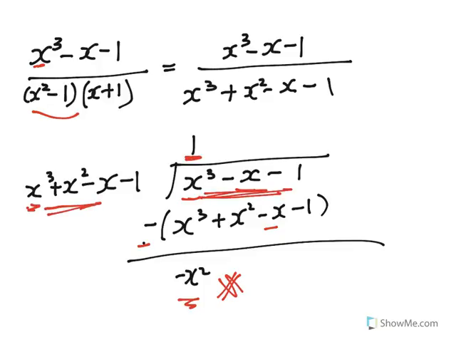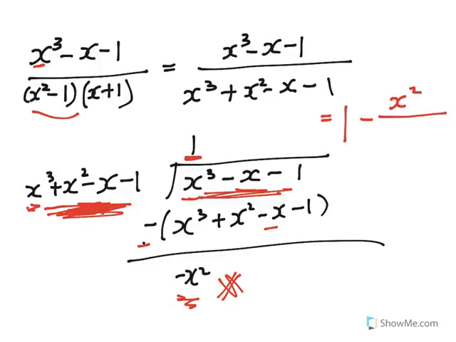Then we can form our partial fraction. Eventually our answer is equal to 1, plus the remainder on the top, minus x squared, over the denominator, the divisor.